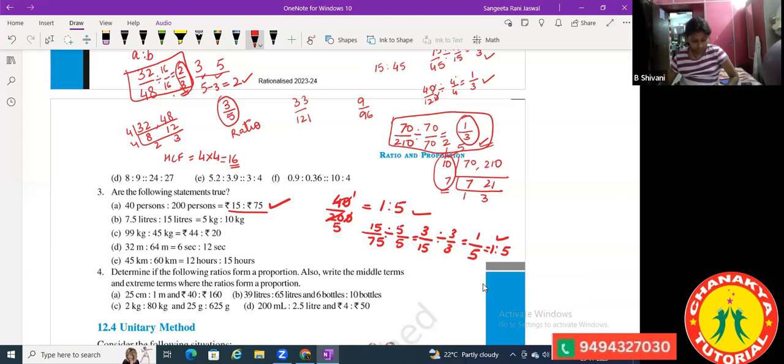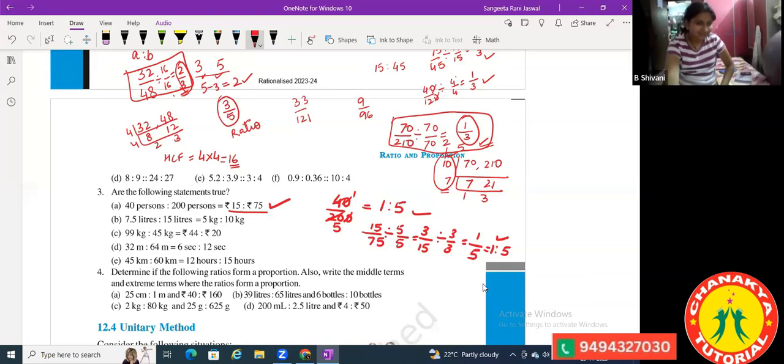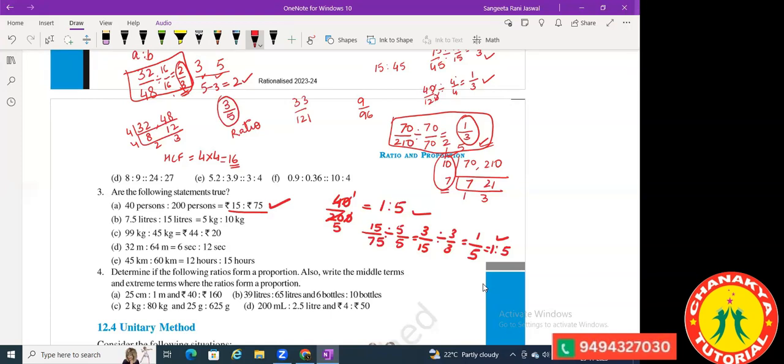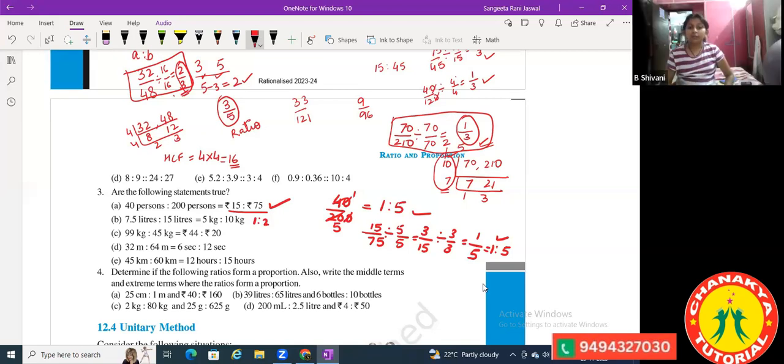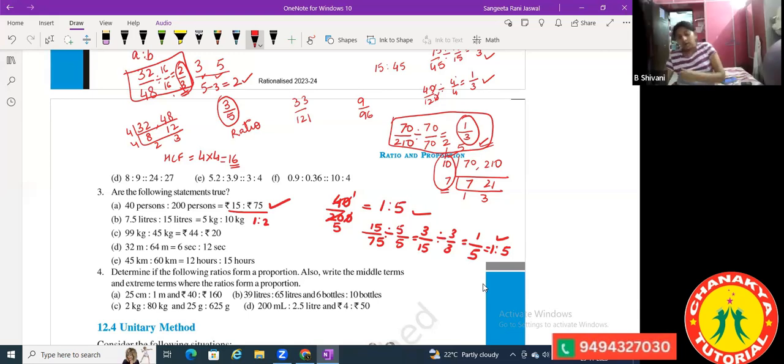Second one? Which one you are talking about? Second one I was talking. Second one will be 1:2, 5 and 5:10. So this will be 1:2 and this is 7.5 and 15 liters. So just reduce this. What is the half of 15? 7.5 only.